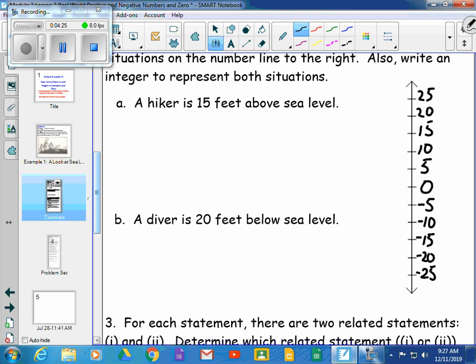Now if I plot the point where the hiker is at, 15 feet above sea level, above means a positive amount. It's going to be above the sea level, which is at 0. And then the diver is going to be below sea level. Below means negative. And it's going to be below where the 0 is at.